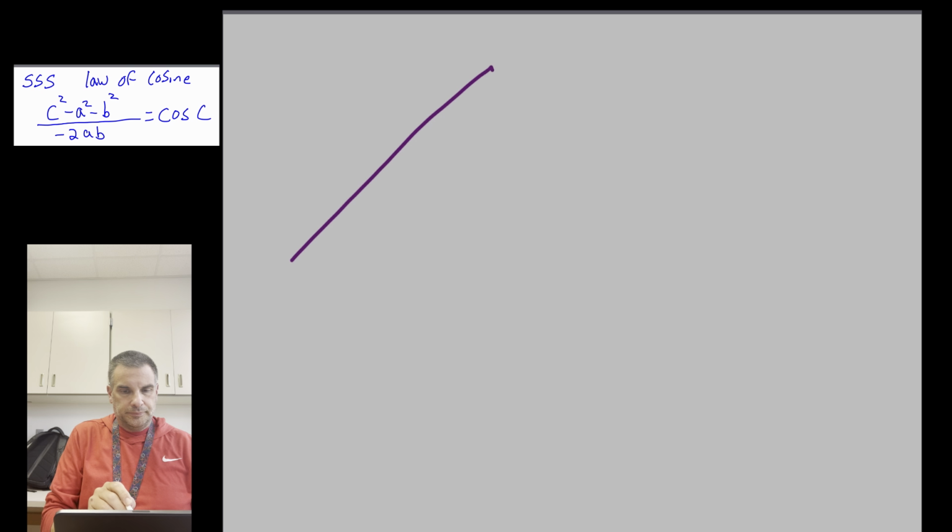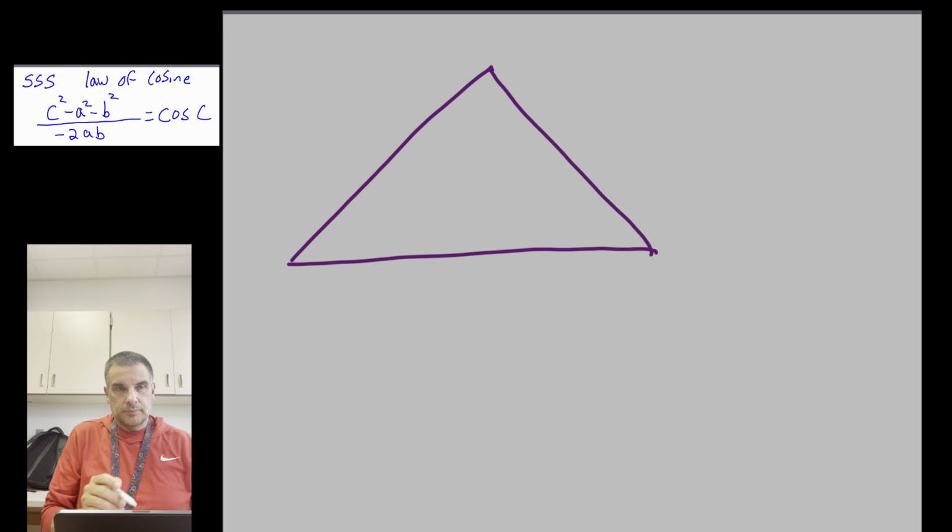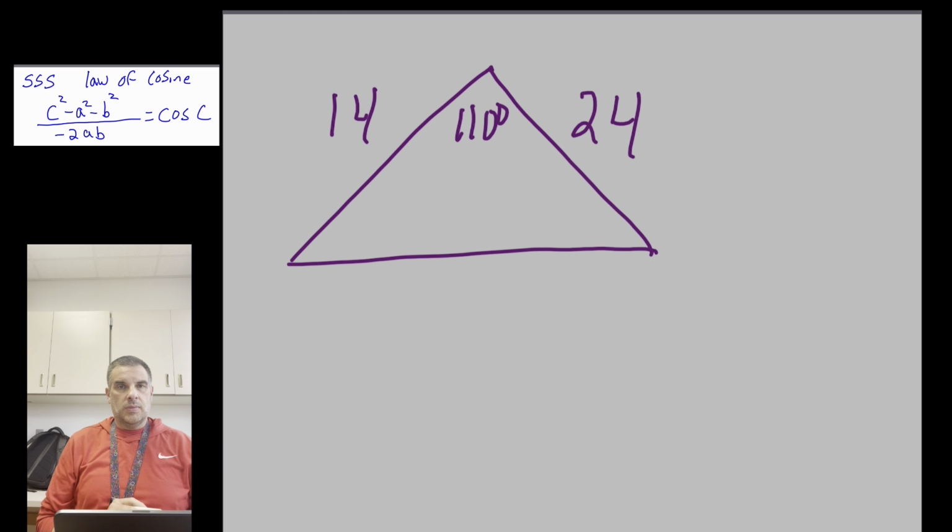You decide which one it is, then determine which formula you have to use, and then go ahead and solve it. Go ahead and find the length of this side.